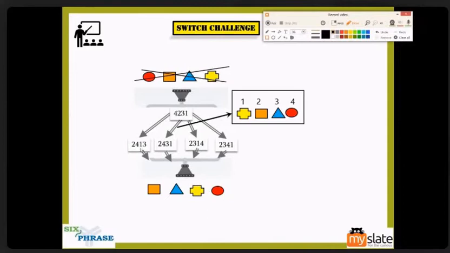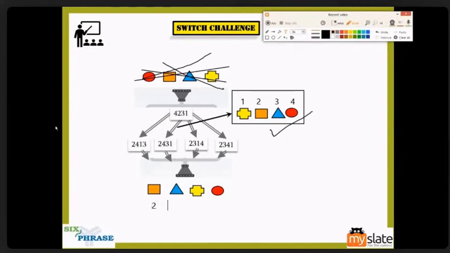The input that this row of processors, 2413, 2431, 2314, take is this one, not this one. This has done its job. So your output, you should compare it with this input. When you compare it with this input, the orange square is in second position, so 2.